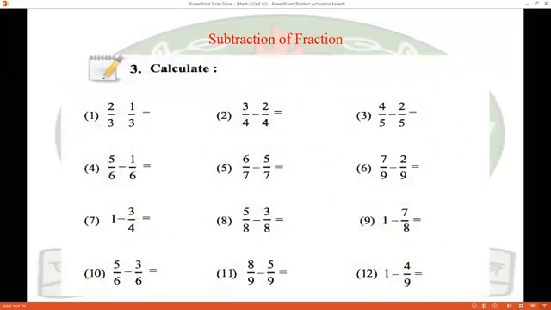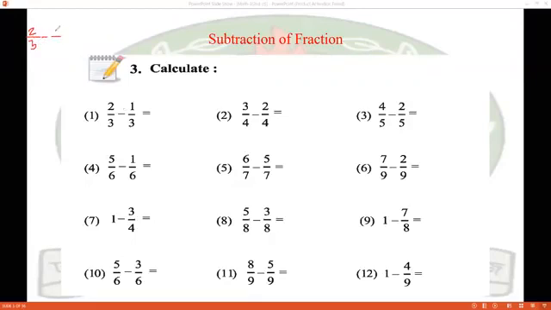So there are some sums for calculation. We will solve them. You will practice at home because this is the revision class. I already solved it in the previous lecture. So this is 2 by 3 minus 1 by 3.